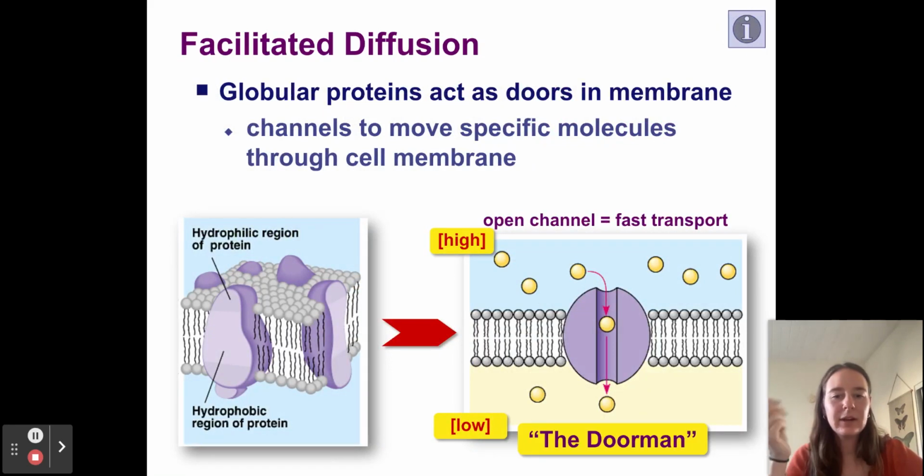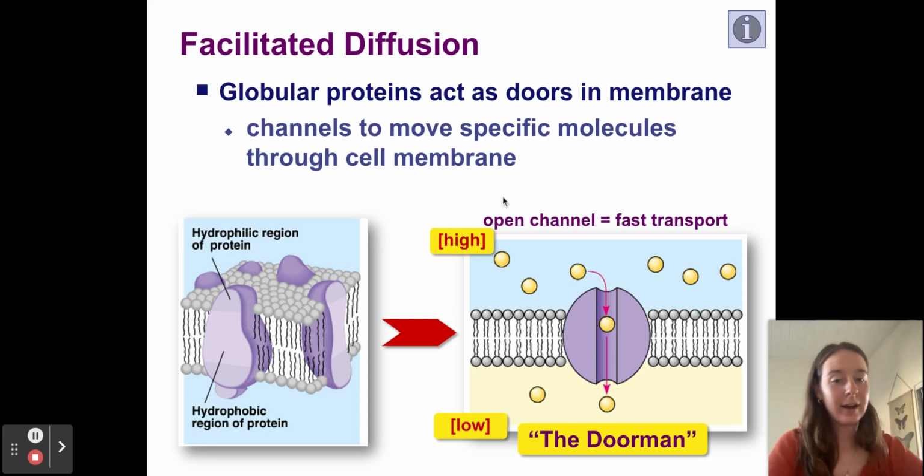These proteins are sometimes called globular proteins. They act as doors in the membrane. So they allow specific molecules to get through the cell membrane, like we talked about. And sometimes these proteins can actually close the door or open the door, depending on other factors, which we'll talk about. But basically, if the channel is wide open, if there's nothing blocking it, this can happen really, really quickly.